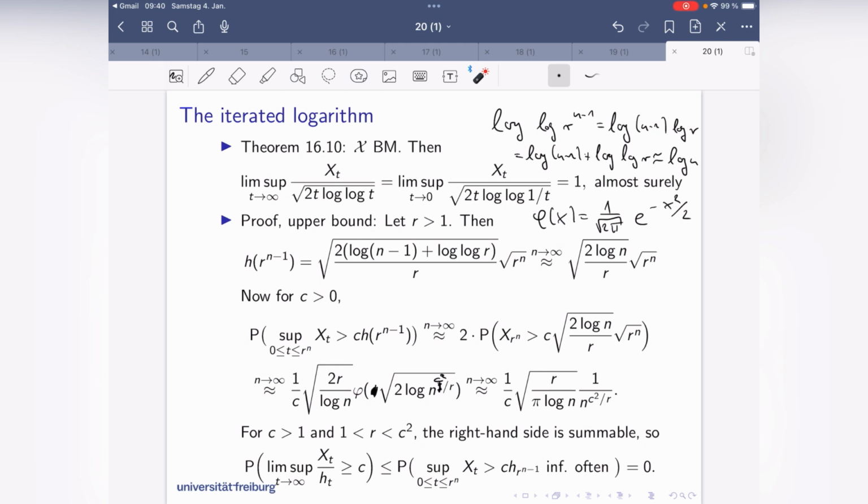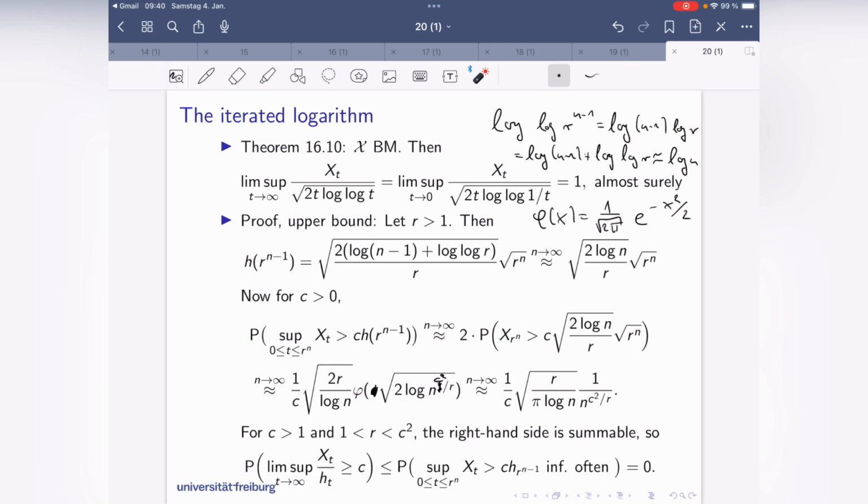Yes, like this. And when I square this thing here, I have 2 log n to the power c squared over r. If I divide by 2, I have log n times c squared divided by r, and a minus also from the minus here. But e and log just go away, and it stays n to the power c squared over r.